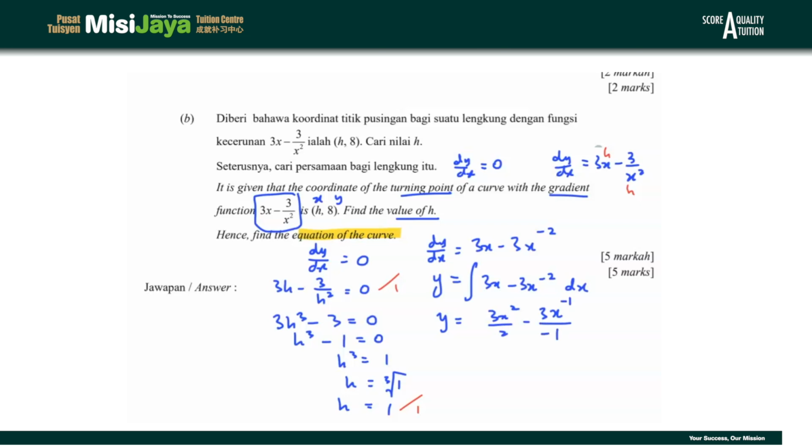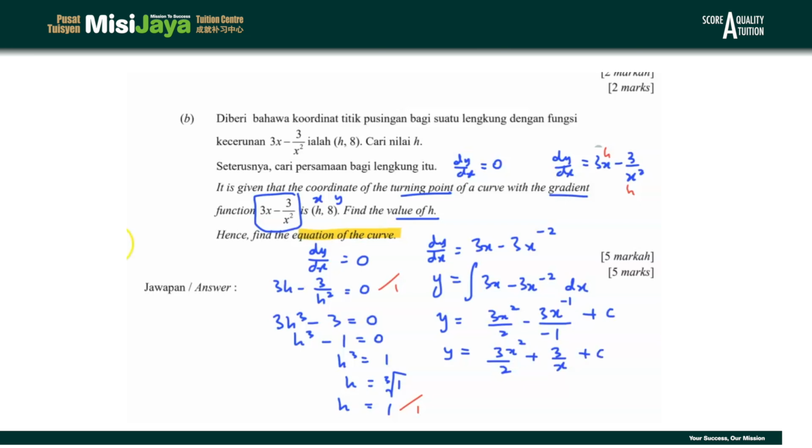Later we do it step by step. Negative becomes positive later, plus c. Now I'm going to simplify this: 3x squared over 2, then negative becomes positive, so positive 3x to the negative 1 means 3 over x, plus c.